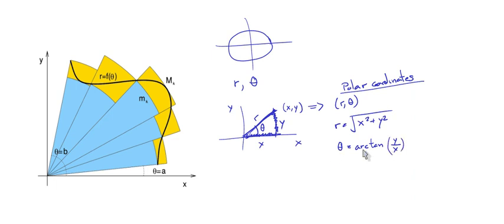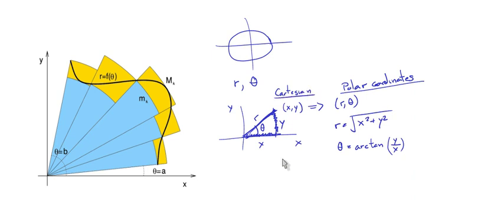In many cases we're not going to use this formula to compute this, but you see how this goes. Theta is the angle that has as a tangent the value of y over x. But don't worry too much about this, because in many cases you're not going to have to use this formula. You just have to think your way through, and that way you can get the polar coordinates from the Cartesian coordinates.